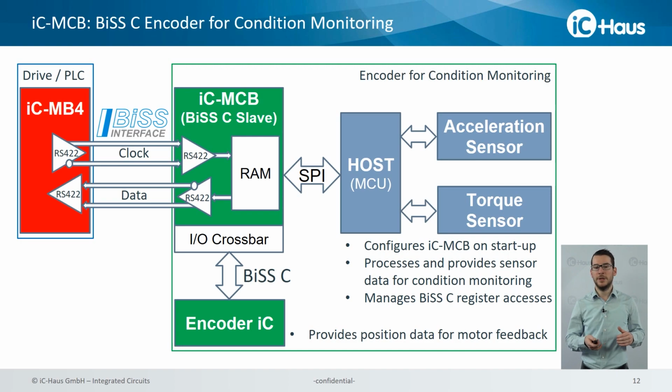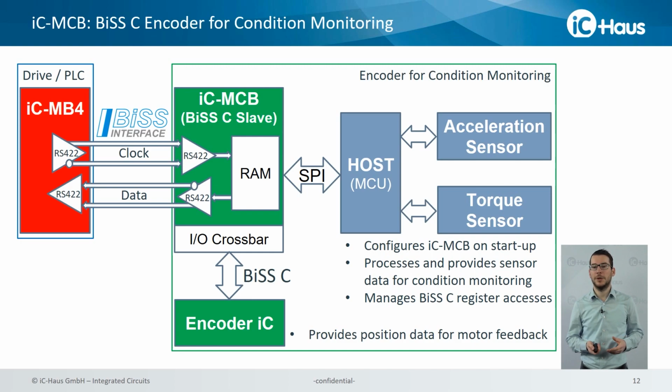The encoder IC with the BiSS interface uses the RS422 transceivers of iC-MCB to transmit its data differentially. So in that case, you do not need an additional RS422 transceiver, and you can simply extend an existing BiSS implementation by additional sensor data.